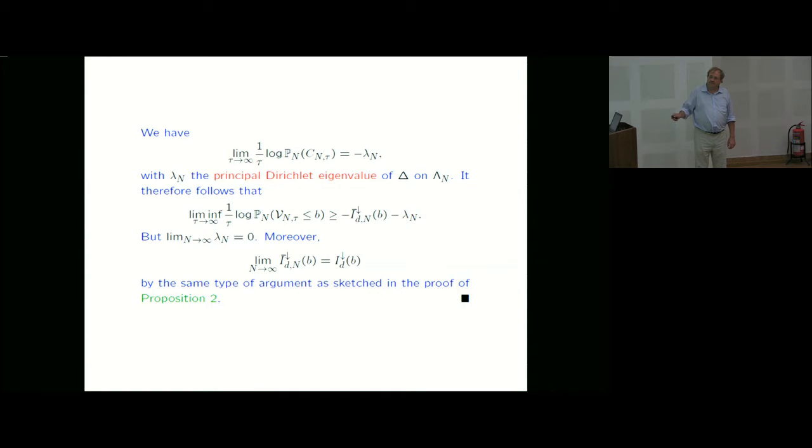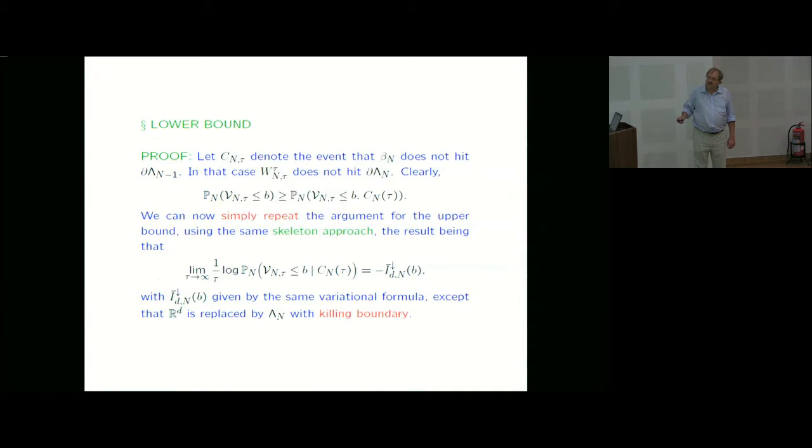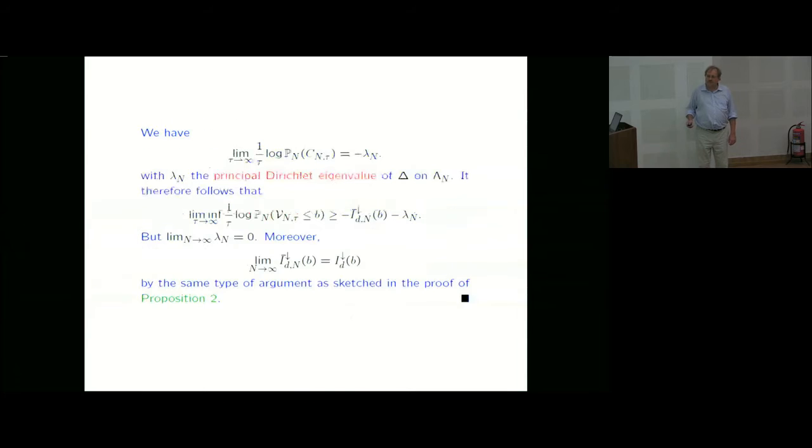So the cost of doing this is minor. And once I'm on the event that I'm killing, I just get the same variational formula with the killing boundary. And then all you have to show is that if you take the box to infinity, it doesn't matter whether you were dealing with periodic boundary conditions or killing boundary conditions at all. So again, you have to get back to the drawing table and do that.